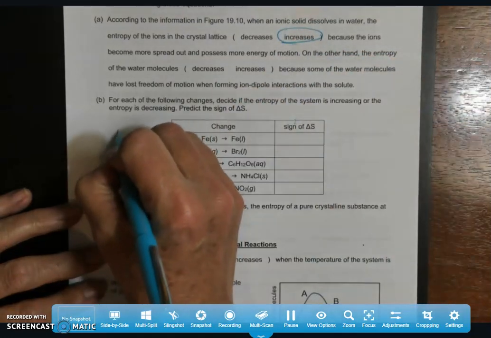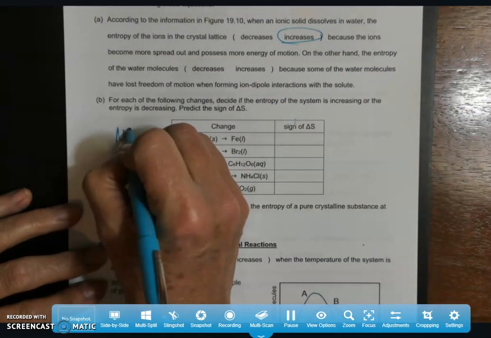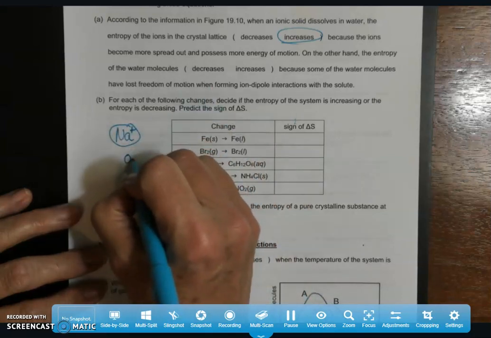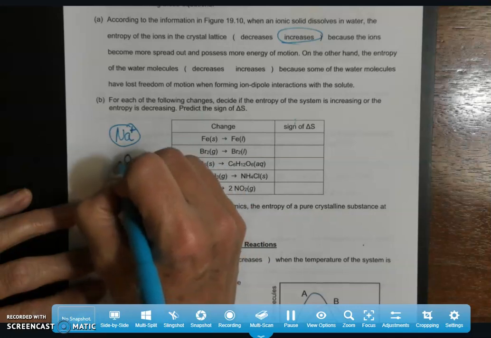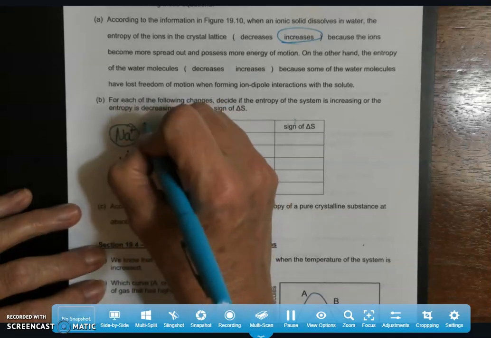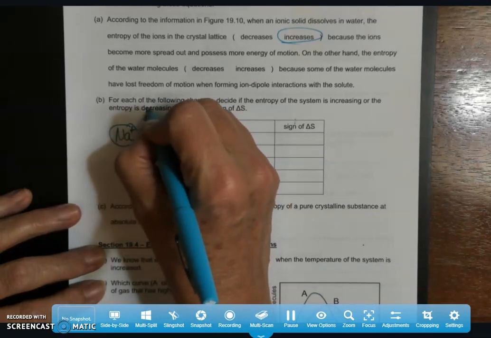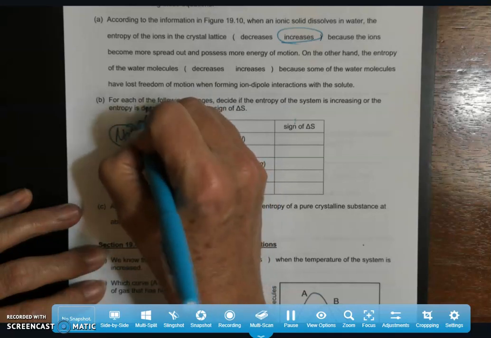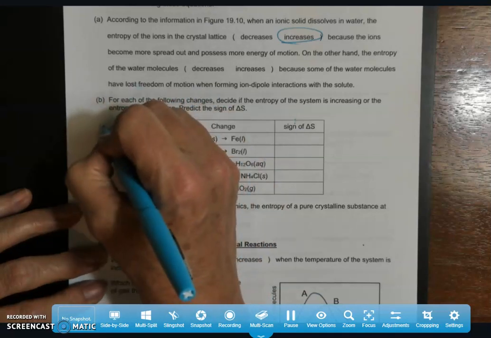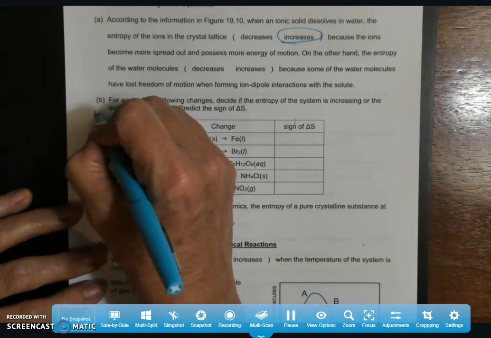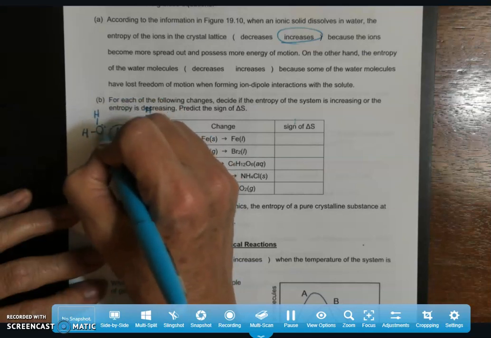Because I'm going to have this ion, and then the water molecules are going to be attracted through intermolecular forces, ion-dipole forces to be exact.